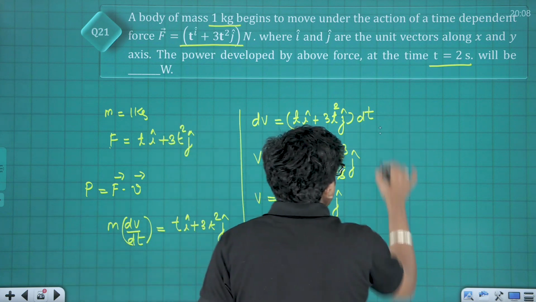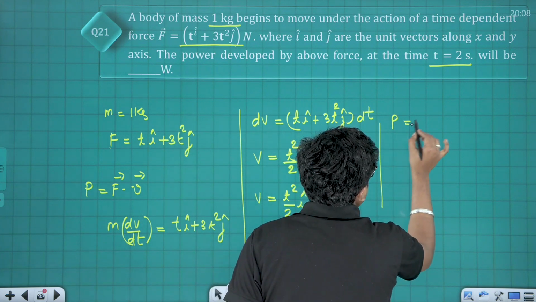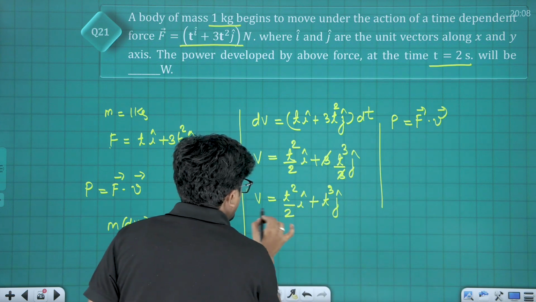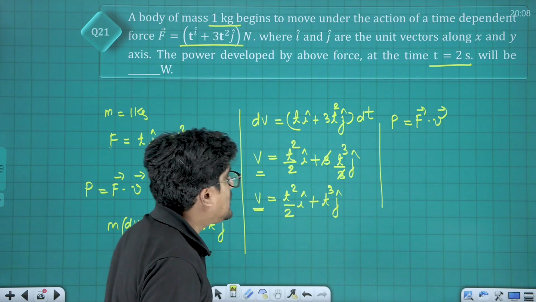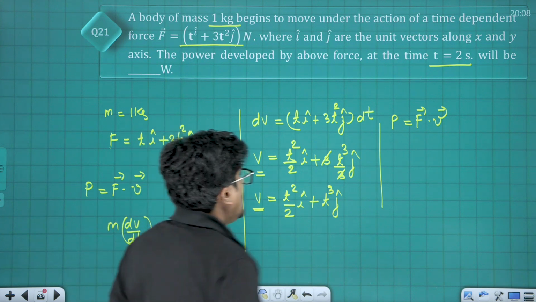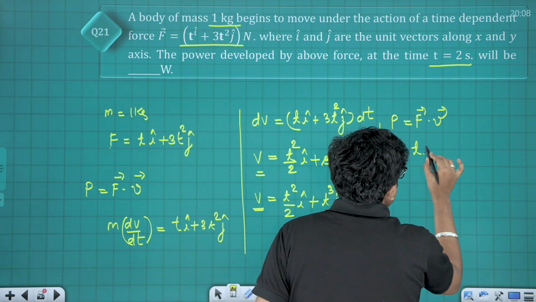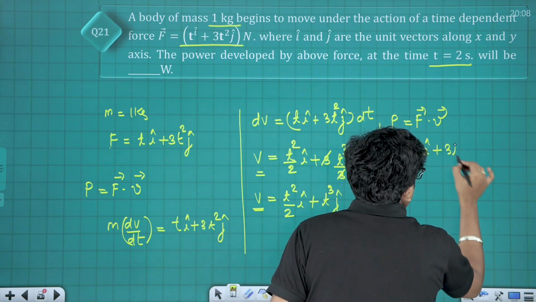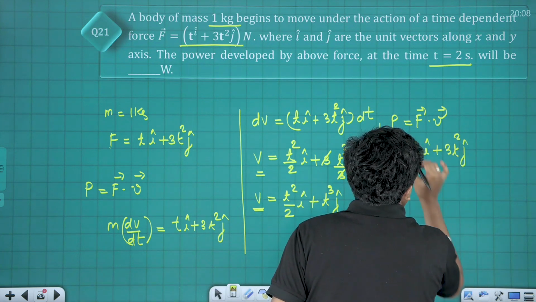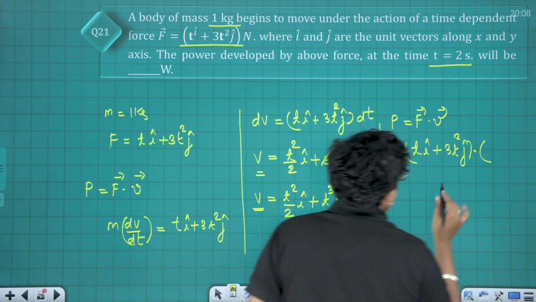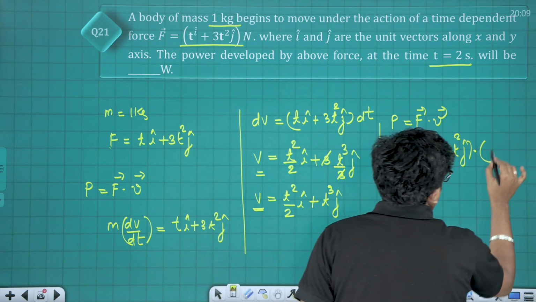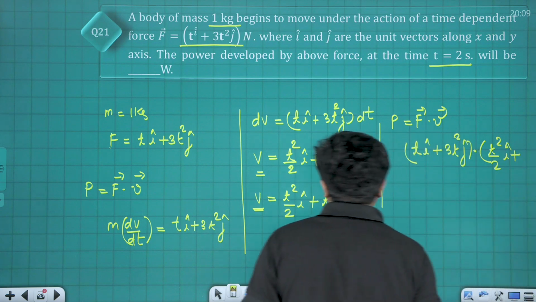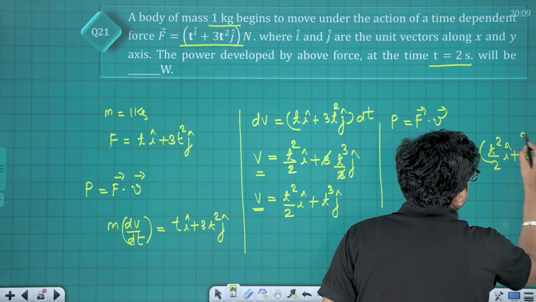Now we know that power P, as I said, is F dot V. Here this is the velocity vector. Alright. So there, what was force? Force was t i cap plus 3 t square j cap, dot velocity, which is t square by 2 i cap plus t cube j cap.